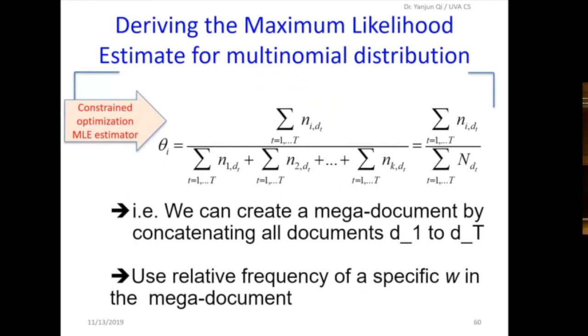So to repeat: we create a mega document by concatenating all the documents D1 to DT, and then we use the relative frequency of a specific W, a specific elementary event, and this gives you the multinomial theta for that specific W.